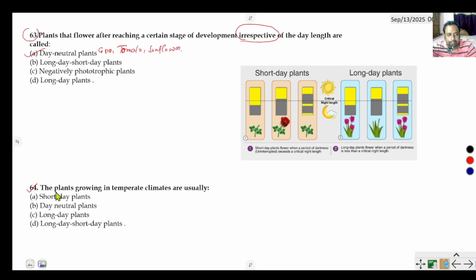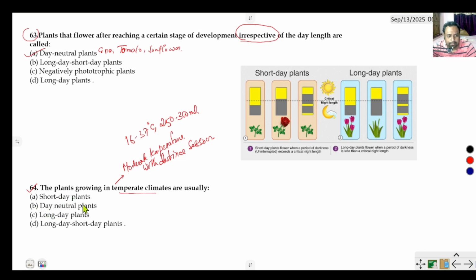Question number 64 says, the plants growing in temperate climates. Temperate climate means moderate temperature with distinct seasons, 16 to 37 degrees centigrade, 250 to 300 milliliter rain, etc. occur.